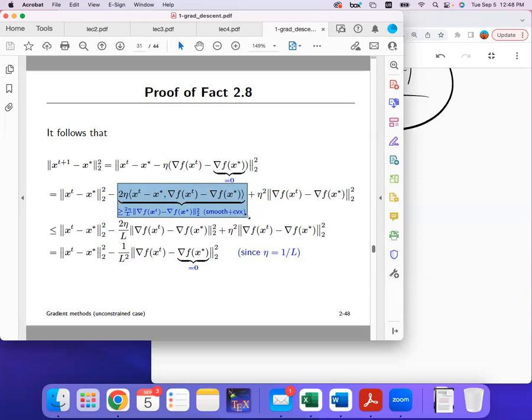So this inequality only holds for convex and smooth functions. This means that for such a class of functions, this dot product term can be roughly controlled at the same level as the distance term. This is a very, very nice geometry. If you pick a random function, this dot product term is in general very hard to control.